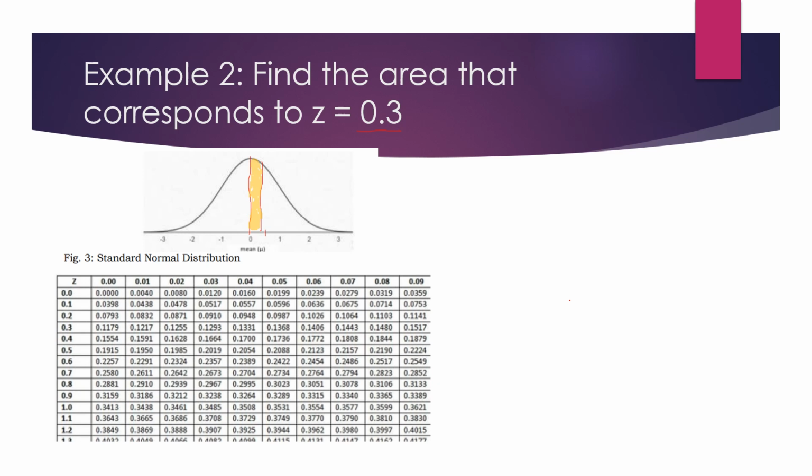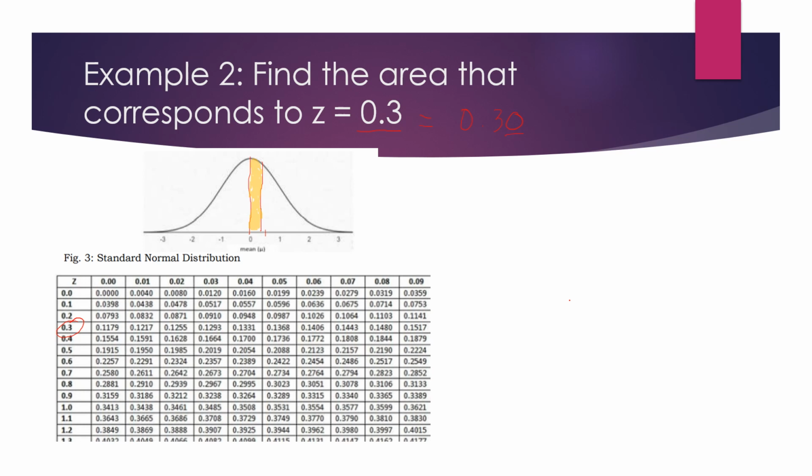For us to find that, we'll be needing our z-table. First step is to make 0.3 into 3 digits. So this will be 0.30. Second step is to locate the first two digits at the left side of the z-table. The first two digits are 0.3. And the last digit is the hundredths digit.